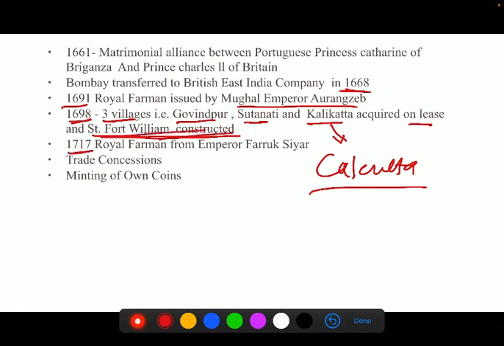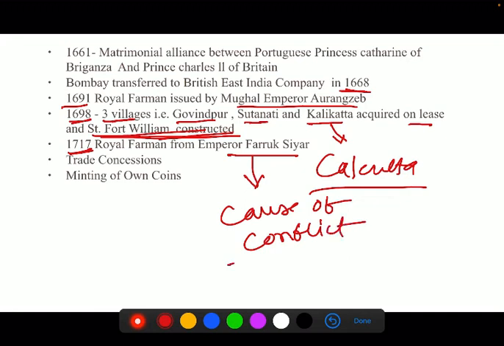And in 1770, a royal firman from Emperor Farooq Seer was given, and this royal firman became the cause of conflict. We will see how this led to the Battle of Plassey. In this firman they were given trade concessions and also permission for minting their own coins. Okay, this is the kind of permission given by Farooq Seer in 1770.